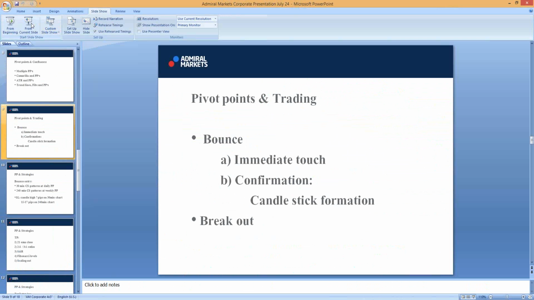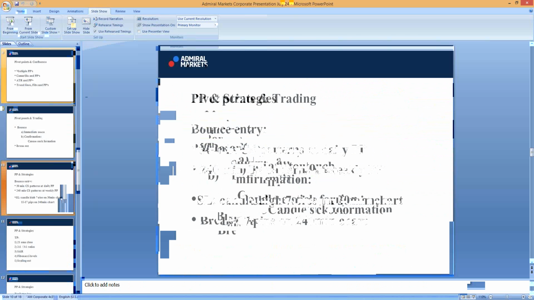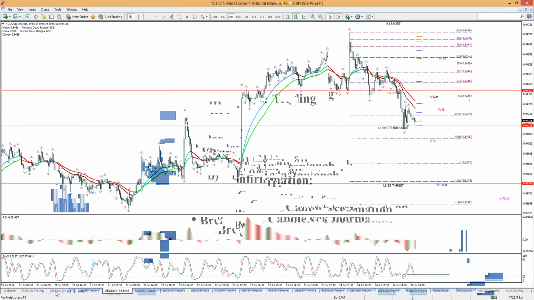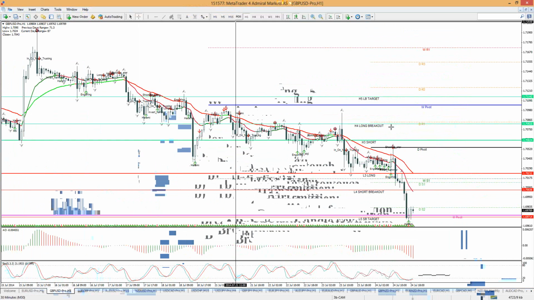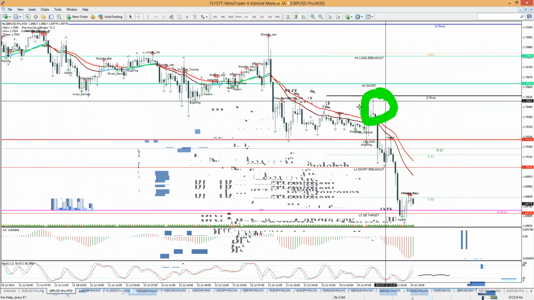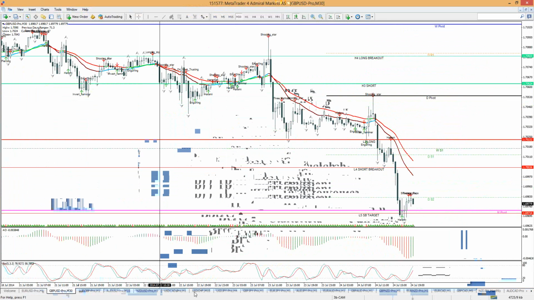Bounces, for instance, on a 30-minute chart or the hourly at a pivot point is a strategy, or waiting for the 4 hour. If you're more of a swing trader, you could use the 4 hour at weekly pivot points. Let's take a look at that. Today, the pound dollar, no matter what time frame you look at, as an example, 30-minute and 1 hour are showing that.